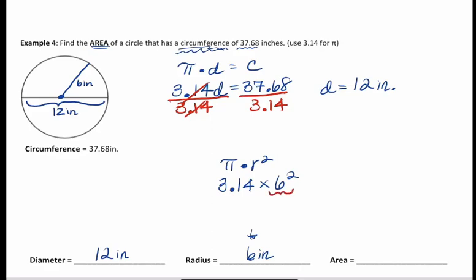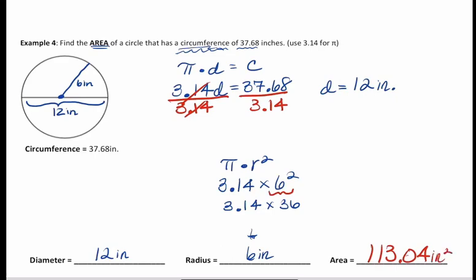No, it's 6 times 6, which is 36, right? So we're going to make sure we do things the right way. Exponents come before multiplication. So you're going to do 3.14 times 36. I've got 113.04. Now this is the area, so we're always going to put square units.